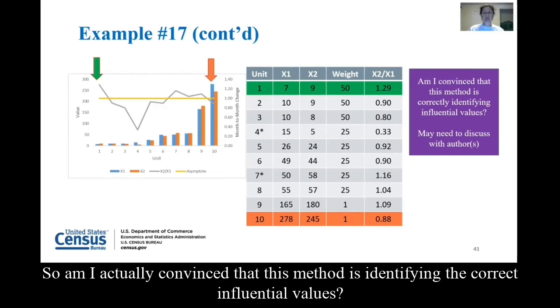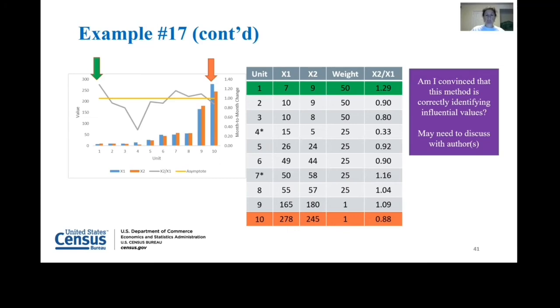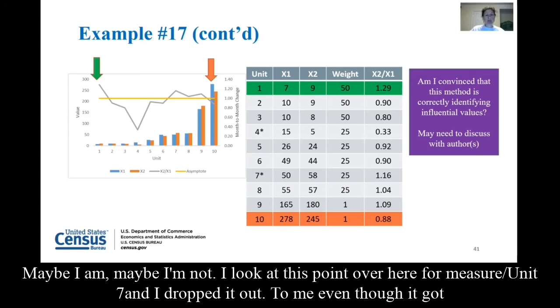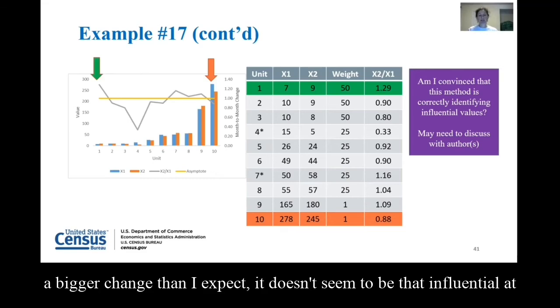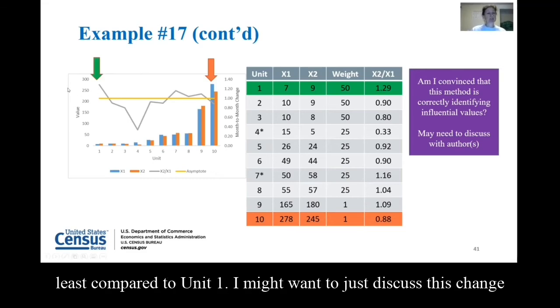So am I actually convinced that this method is identifying the correct influential values? Maybe I am, maybe I'm not. I look at this point over here for unit 7, and I drop it out. And to me, even though it's got a bigger change than I'd expect, it doesn't seem to be that influential, at least compared to unit 1.